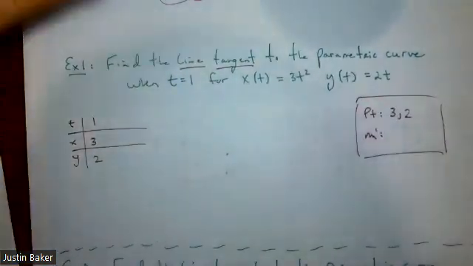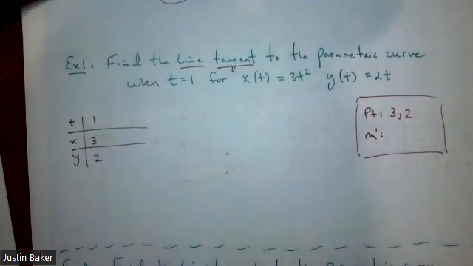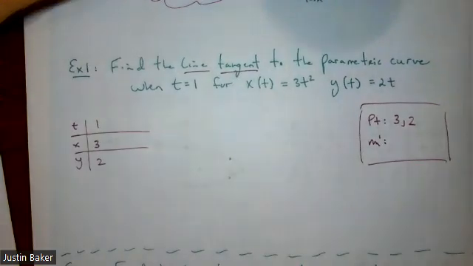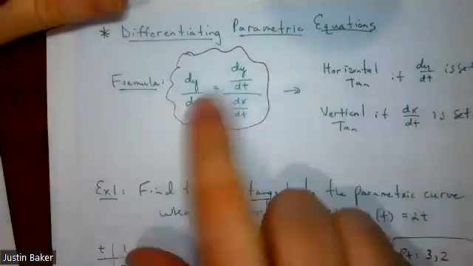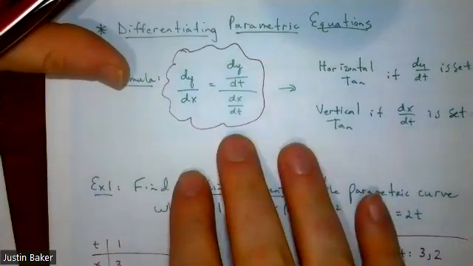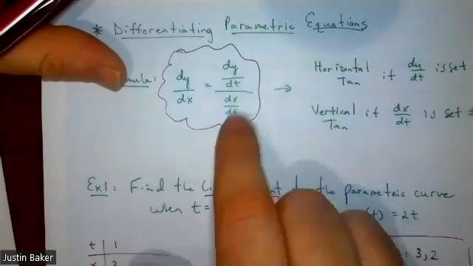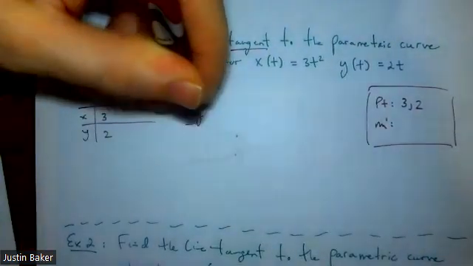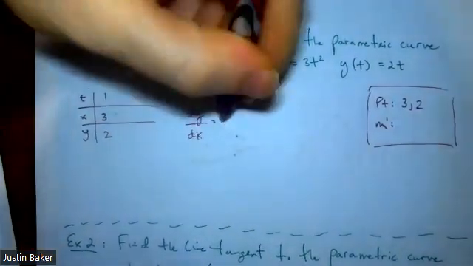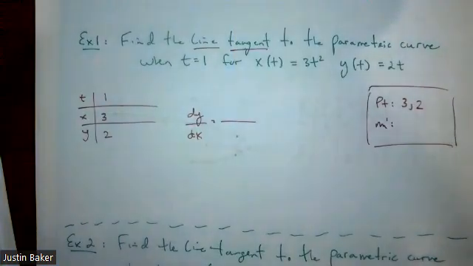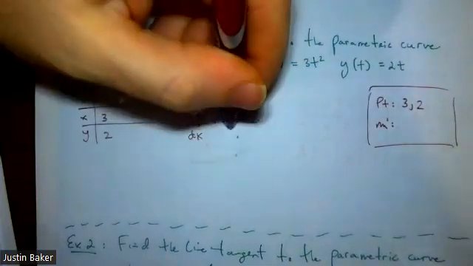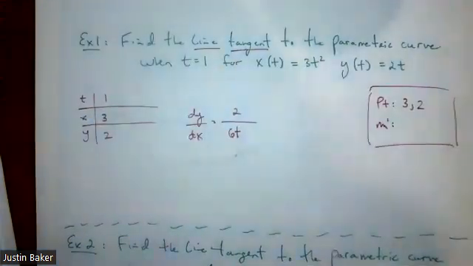And then the next thing we need is to find the derivative. To take the derivative of a parametric, we want to go up here to the top and use this formula, dy/dt over dx/dt. So that tells me that the derivative is going to be equal to the derivative of the y term over the derivative of the x term.